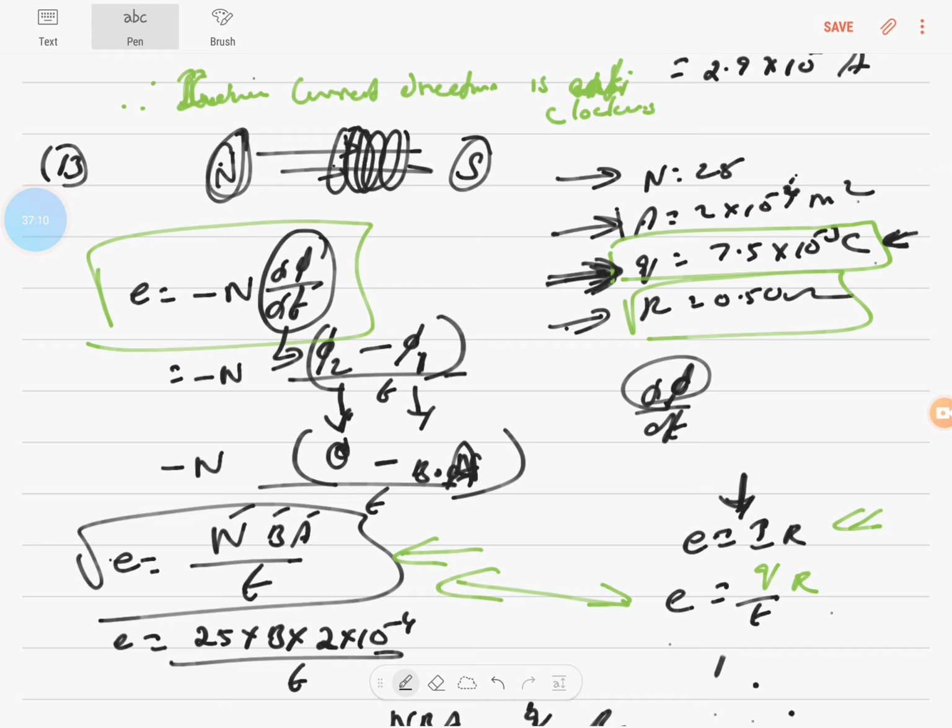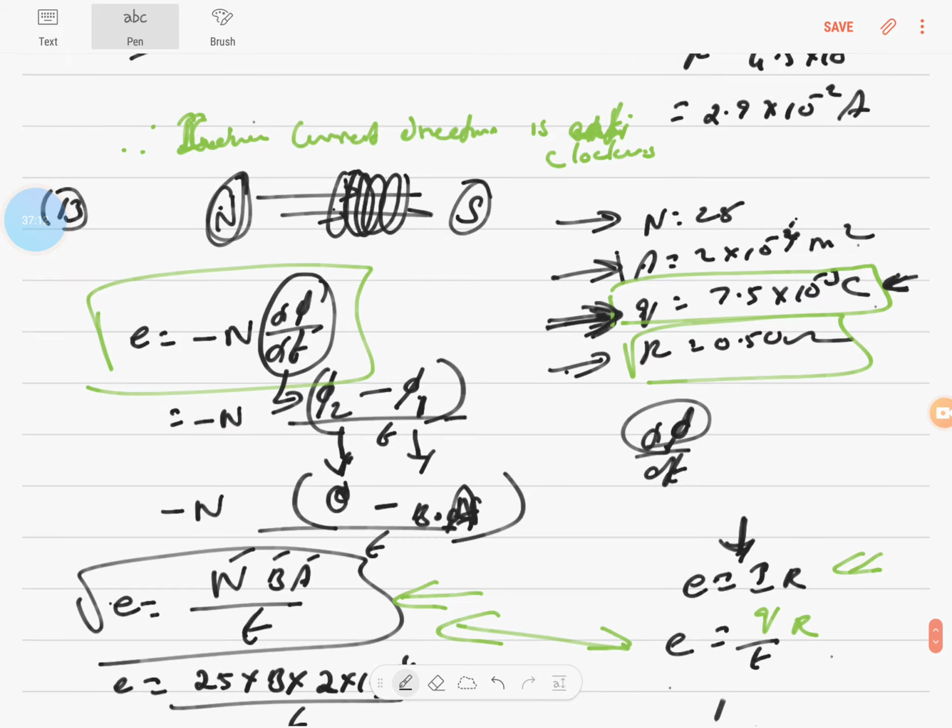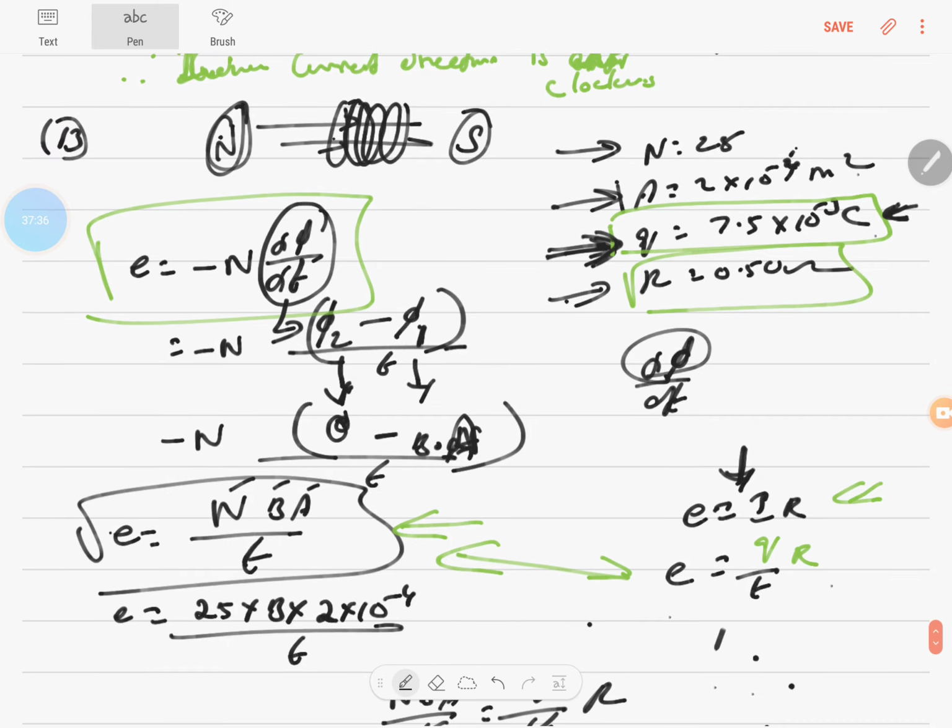And as you know, initially you are bringing in this loop here in this plane, and suddenly you will rotate it by 90 degree. So when you rotate it by 90 degree, no magnetic field passes through. So initially there is a magnetic field passing through, then there is no magnetic field passing through, and this is going to cause a change in the flux. So then what is the change in the flux? φ2 minus φ1, and when it's 90 degree there is no flux.